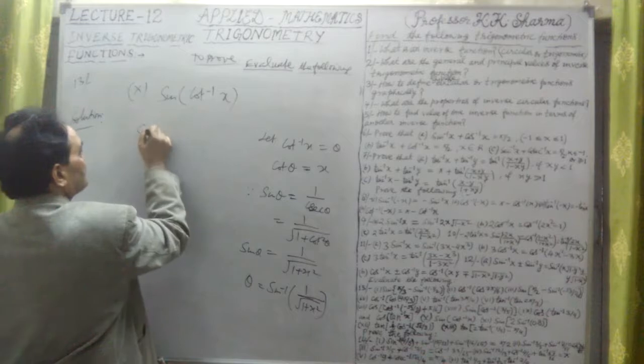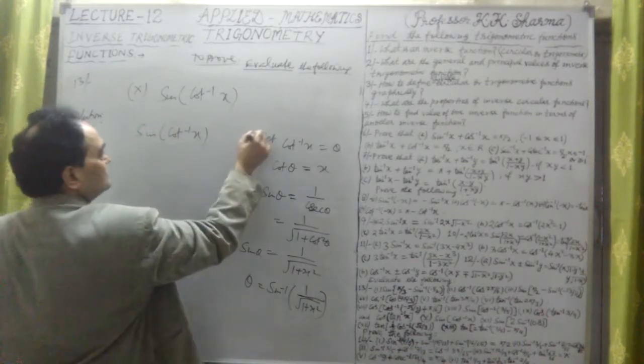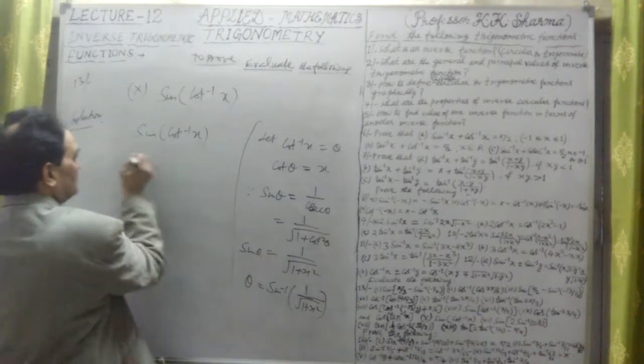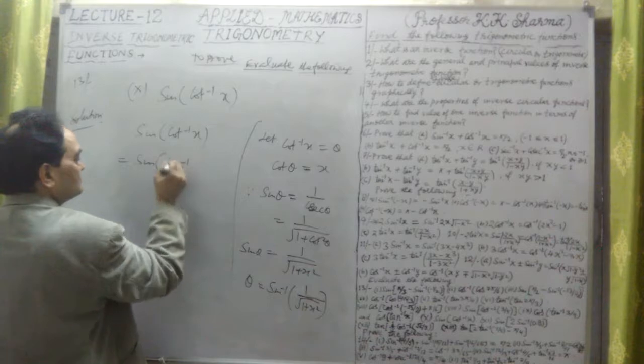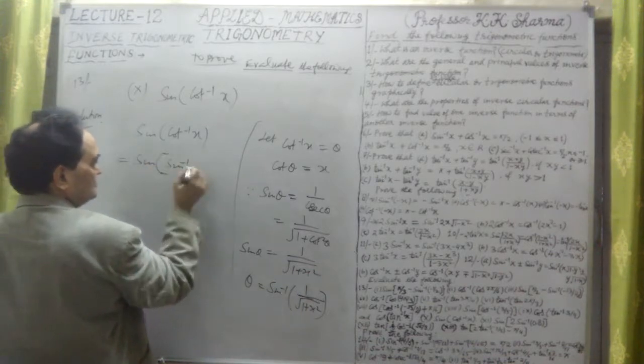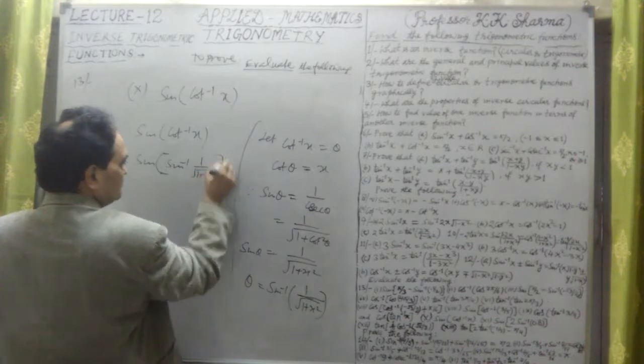Therefore, sine of cot inverse x, which we have assumed, will give us sine of sine inverse of 1 upon under root 1 plus x square.